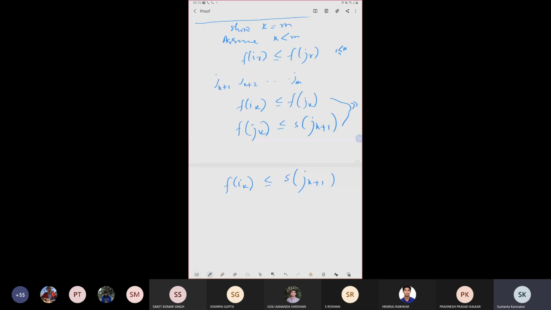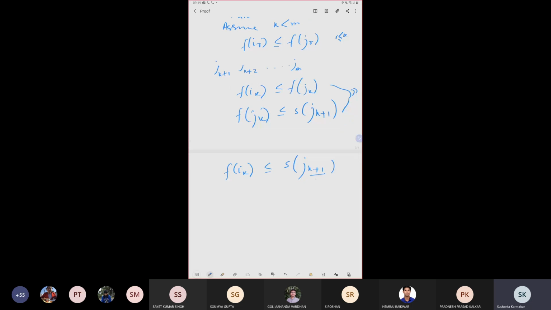But this is contradictory, because if the optimal algorithm still has those compatible things to take, then our greedy algorithm could have taken this k plus 1, right? That means this k plus 1 must have been taken care of either earlier or it is not at all there. So this is some sort of contradiction.